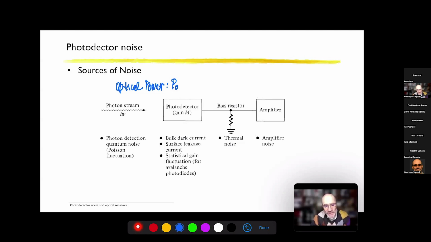And this obviously generates some noise at the detector, which is known as the quantum noise. All right.